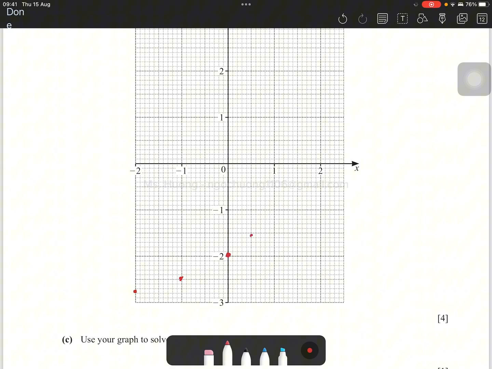Here it is. 1, negative 1 is here. 1.5, negative 0.17. 2, 1. And finally 2.5, 2.66. So we'll join these points together. And that's it.